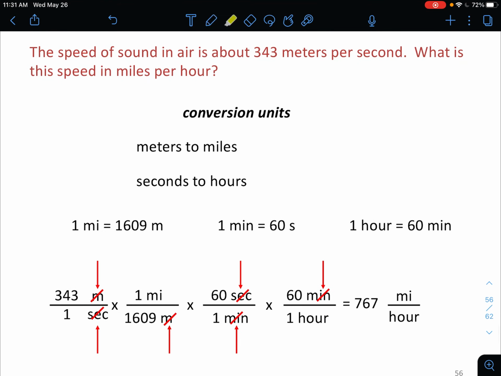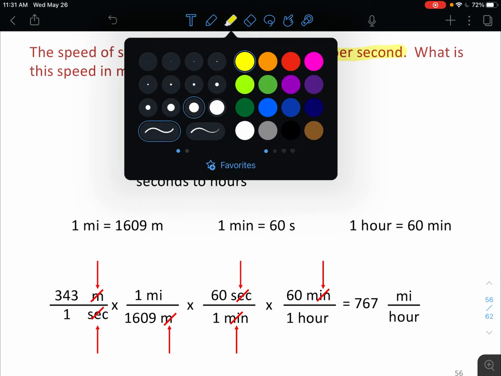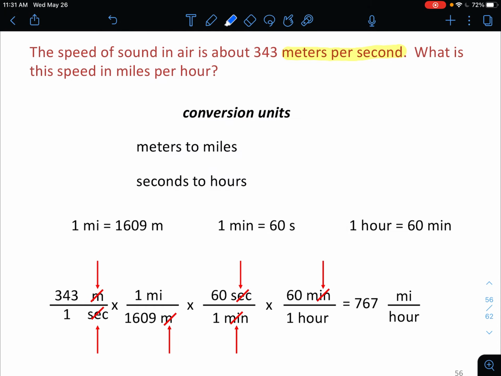All right, so now we're going to start with compound units, so meters per second. So we saw density as a compound unit. Another common compound unit would be a speed, like meters per second or feet per minute, whatever it may be. And here it's asking us to go from meters per second to miles per hour.